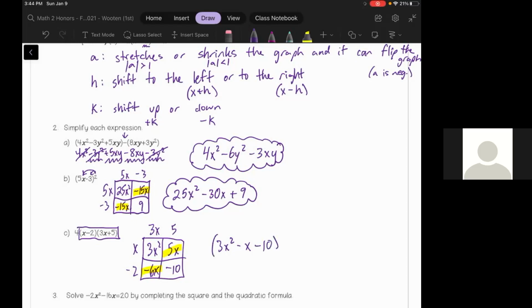So that is the expression for those two I multiplied, but then I still have that GCF of 4. So now would be a good time to distribute, because it's just a factor that's being multiplied, not an exponent. So we distribute that and we get 12x squared minus 4x minus 40. Now that is simplified. Okay. So now we have number 1 and number 2 knocked out.